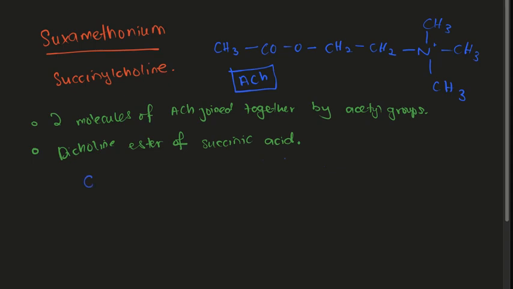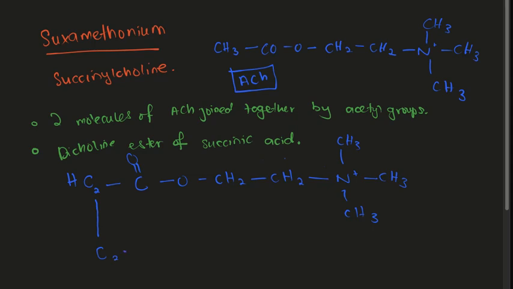Therefore, suxamethonium is basically 2 of acetylcholine. Start with CH2, you have CO, and then you have 2 CH2s, and N+ with 3 CH3s. Now this is one structure of acetylcholine. We have to join this with another acetylcholine by its acetyl group.